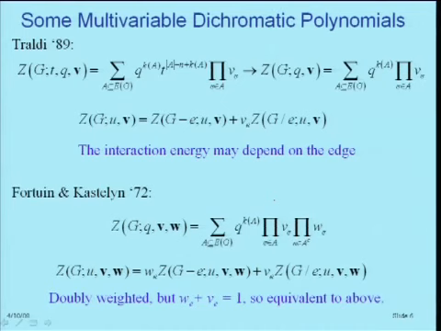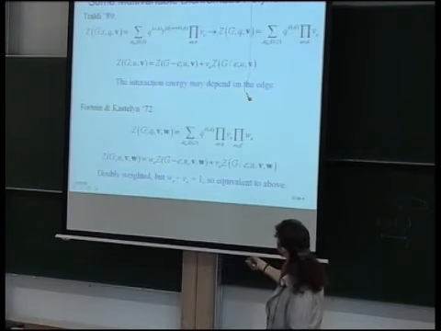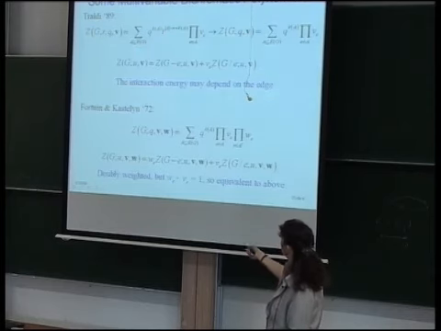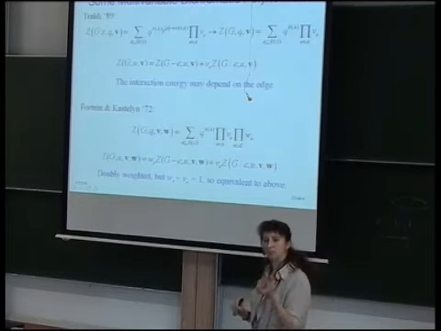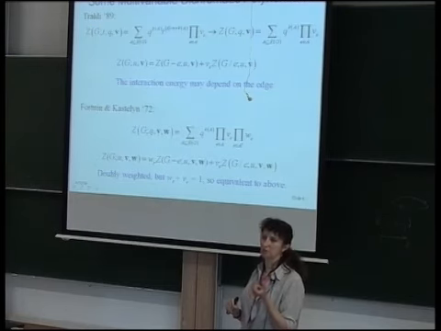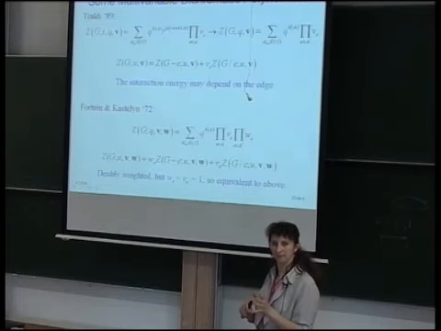But these two models have a deletion contraction with an edge weight just on the contraction piece. The Fortuin-Kasteleyn model looks doubly weighted. It has a weight for both contraction and deletion, but they're probability models, so the sum of those two is 1. So you really only had one degree of freedom here.